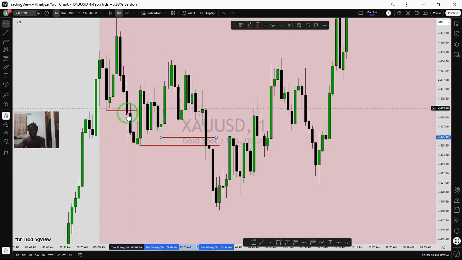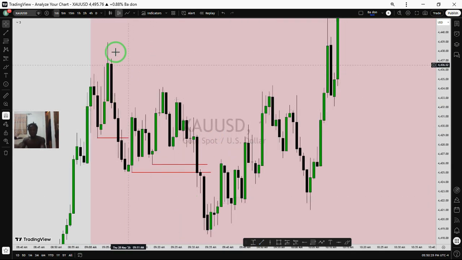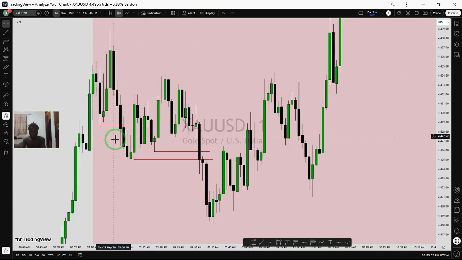We are looking at a bearish example. Once we have that first break of structure or second break of structure, it doesn't matter, but we must have a break of structure before we anticipate what we are trying to trade. So now we have this break of structure, so now we can anticipate a setup.